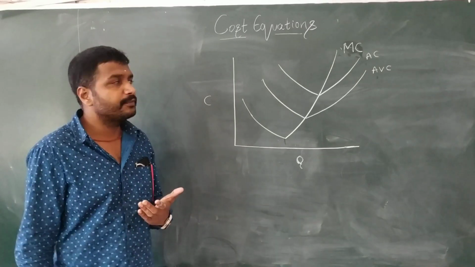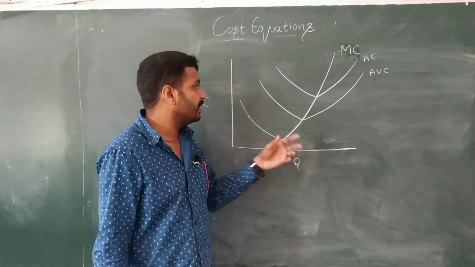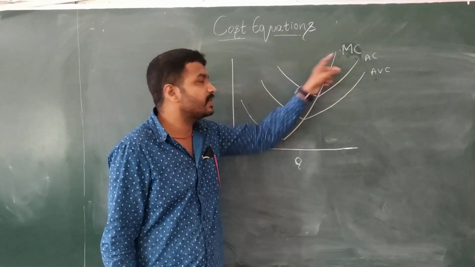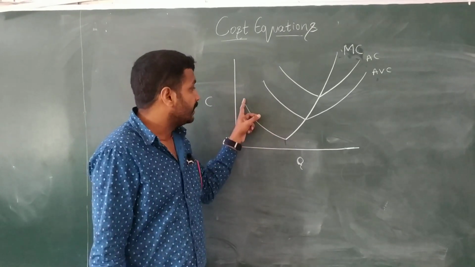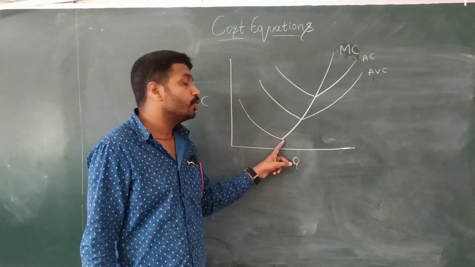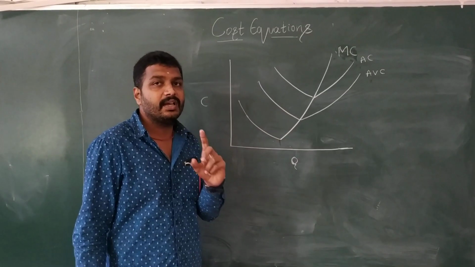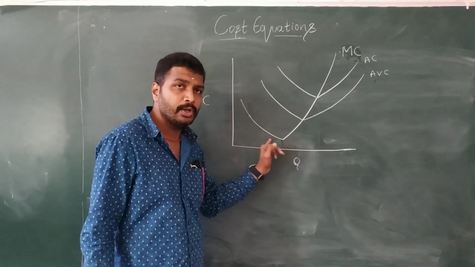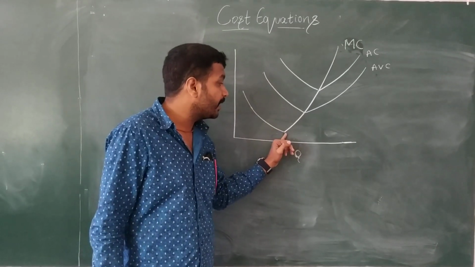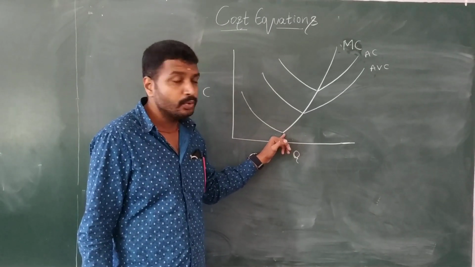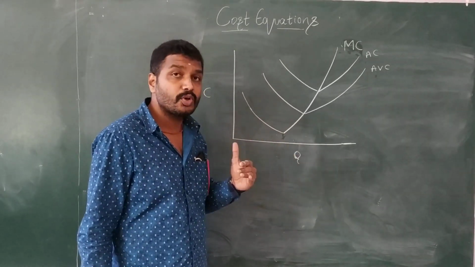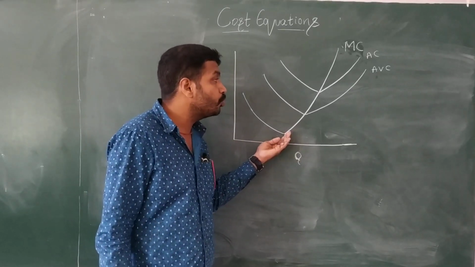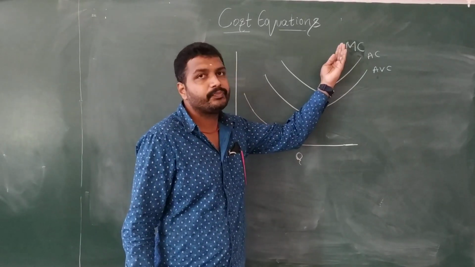The answer for that question is very clear. Supposing if you consider MC, MC used to be the first curve which used to fall. Remember, it used to fall and take minimum value, and it is the first cost which is going to exhibit a rising trend.